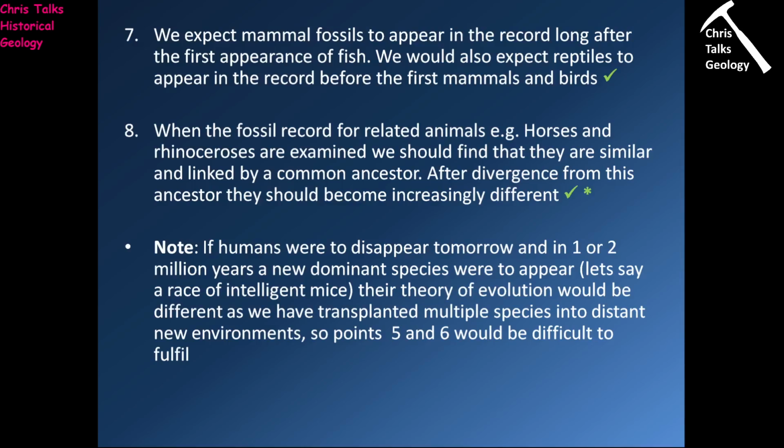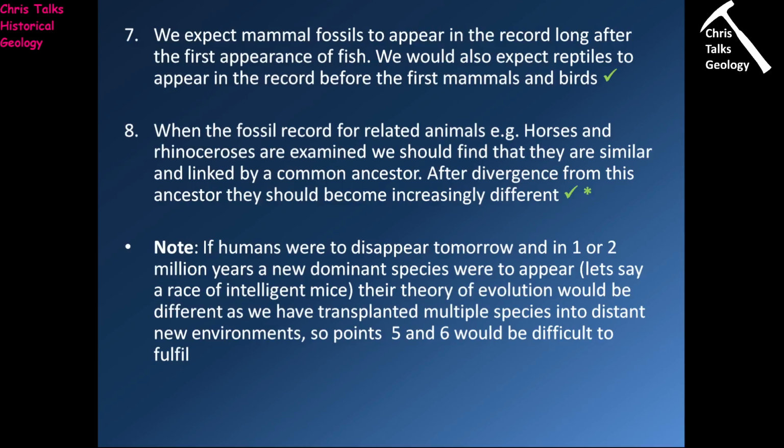So, on the whole, the predictions made by evolution, to date at least, match the evidence that we have available. Just a quick point though: if humans were to disappear tomorrow, and in 1 or 2 million years a new dominant species were to arise, let's say a race of super intelligent mice, their theory of evolution would be slightly different to ours because human beings have had such a strong effect on the environment.